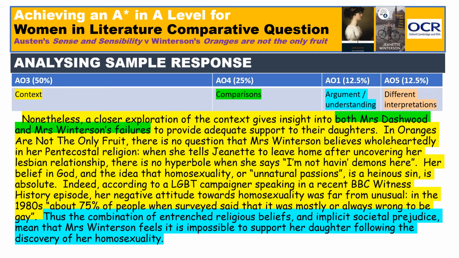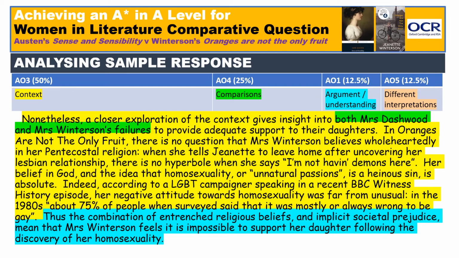Having established and shown the examiner that I know my texts, it's time to start making up ground by probing the different contexts to the novel, which will help me develop and clarify my argument further. Yes, Mrs. Winterson is unable to support Jeanette following the revelations about her homosexuality, but the context of the novel itself implicitly explains why.